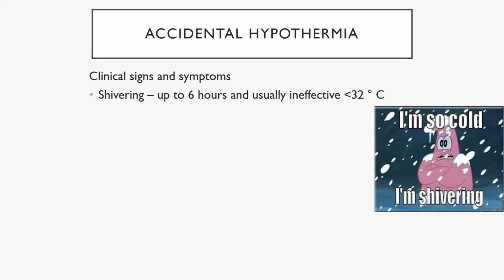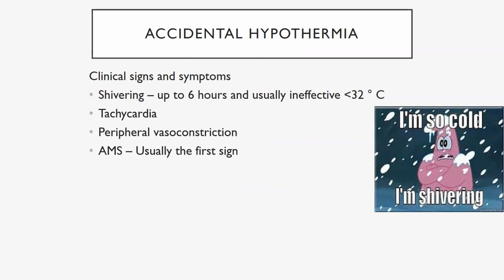Essentially, your body is trying to divert all the blood supply to the internal and vital organs, so blood is diverted to the core of your body. So, cardiac arrhythmia, tachycardia, peripheral vasoconstriction. A lot of these patients, when we see them in the ICU or in the ER, were found by the road and brought in. Altered mental status, or just altered sensorium in general, is usually the first subtle sign of hypothermia.